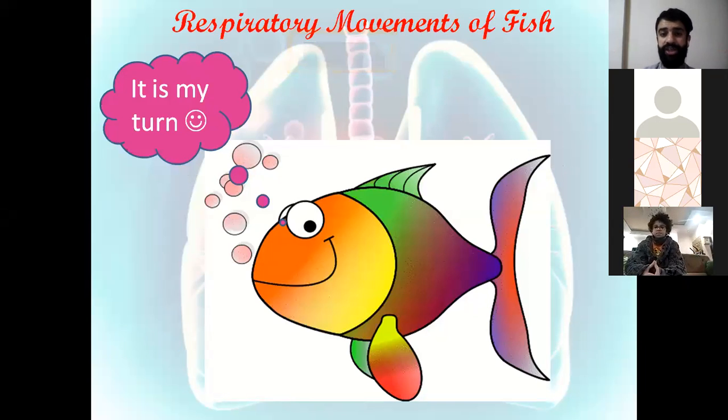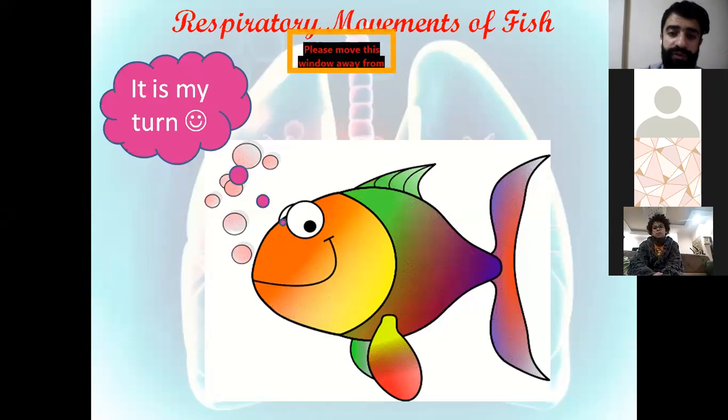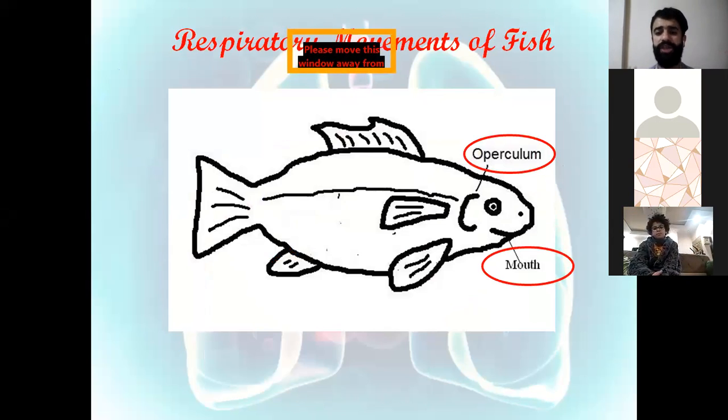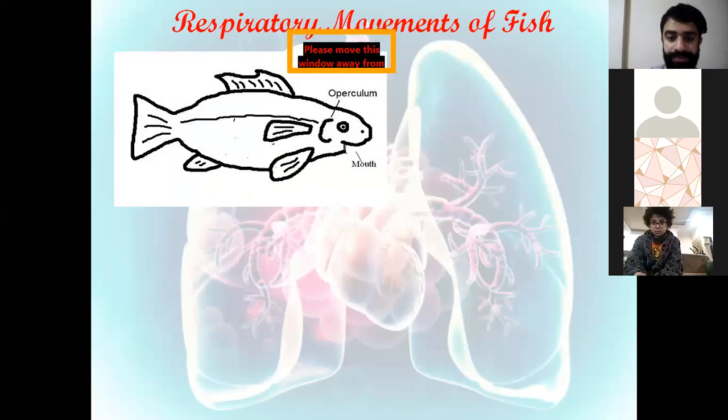So this fish said, it's my turn. We have to start to talk about me. We are going to talk about the respiratory movements of fish. Here we have two important organs in the respiratory movements of fish: the mouth and the operculum.